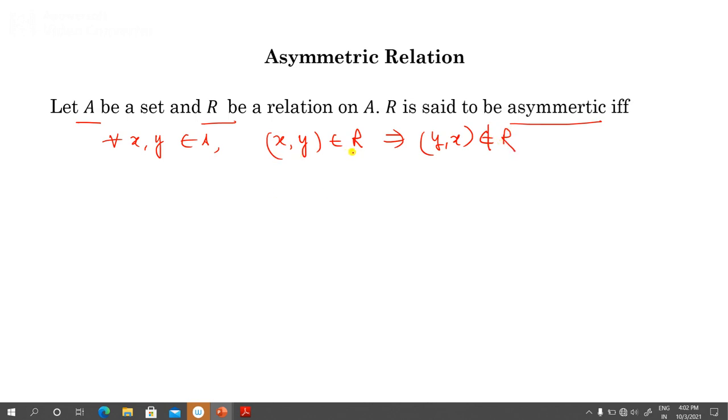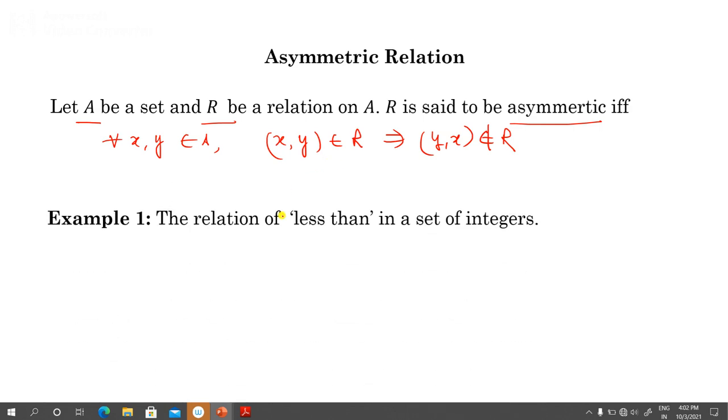If (x, y) belongs to R, (y, x) does not belong to R. (y, x) should not be there for all x, y that satisfy this condition. So this relation is called asymmetric relation.